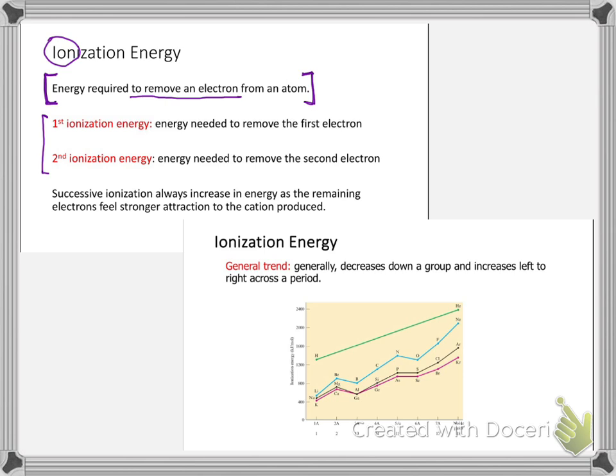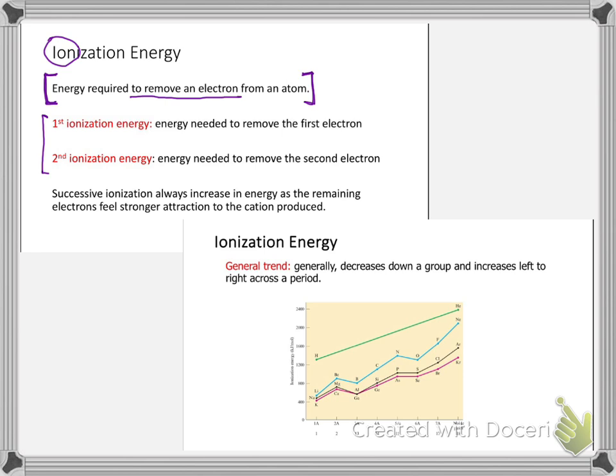The first ionization energy is the energy required to remove the outermost electron. The last one in would be the first one out. Then as you went in to the next electron, that would be the second, and you could keep going in and in.